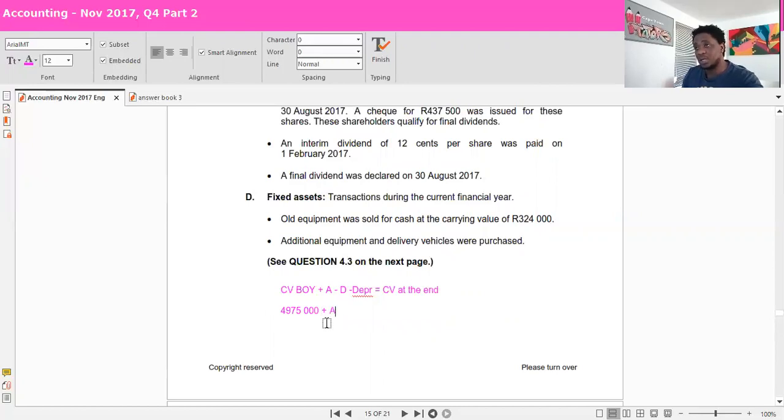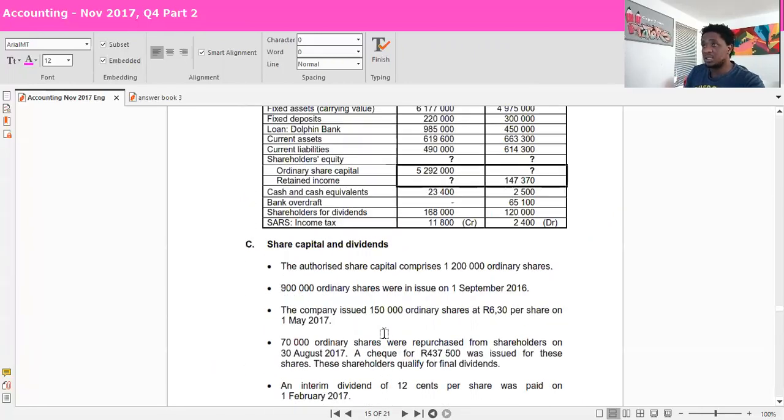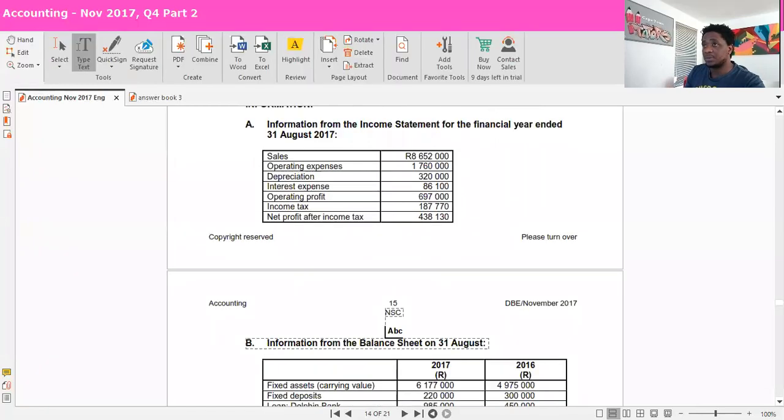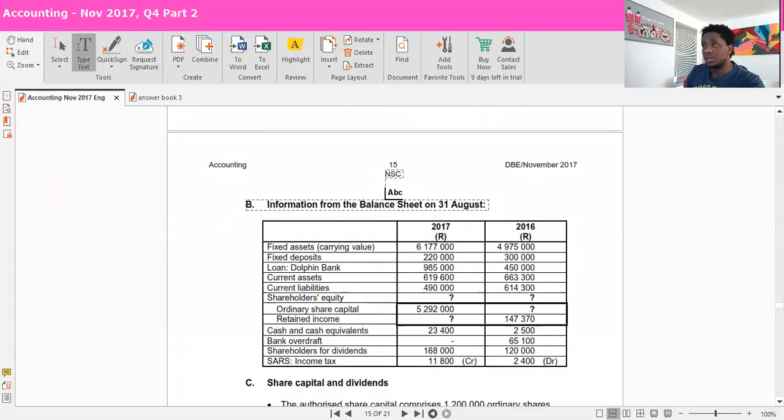So we're going to leave that one as A, and then we go to disposals at carrying value, which is given as 324,000. And you're also told that the depreciation for the current year is 320,000.